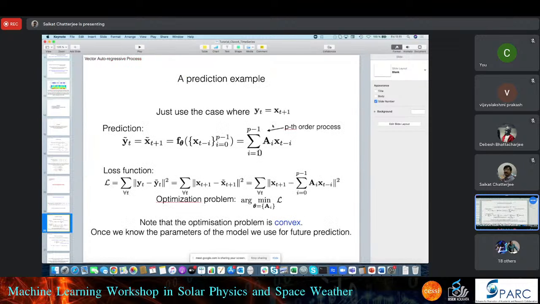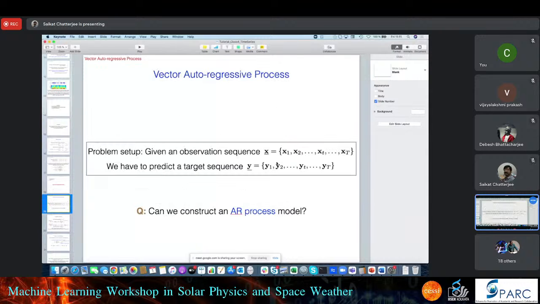This is a prediction example. In this general setup, I would like to fit a prediction model. In the prediction model, what we try to do, let's say that I am at time point t right now. Right now, I have seen all the observations x1, x2 up to xt, and I want to predict the value of xt plus 1.